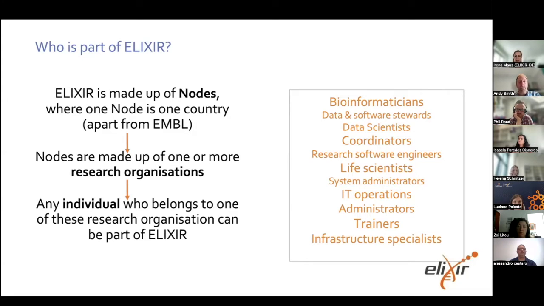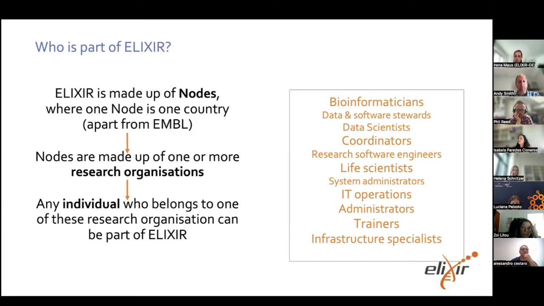So most of them are actually a larger network of 10, 15, 20 different universities or research institutes in each respective country. And that's why the scale of Elixir is quite large. So over those 22 countries, we've got over 250 institutes that are involved. And obviously, the individuals who are active in Elixir come from one of those institutes that are part of an Elixir node.